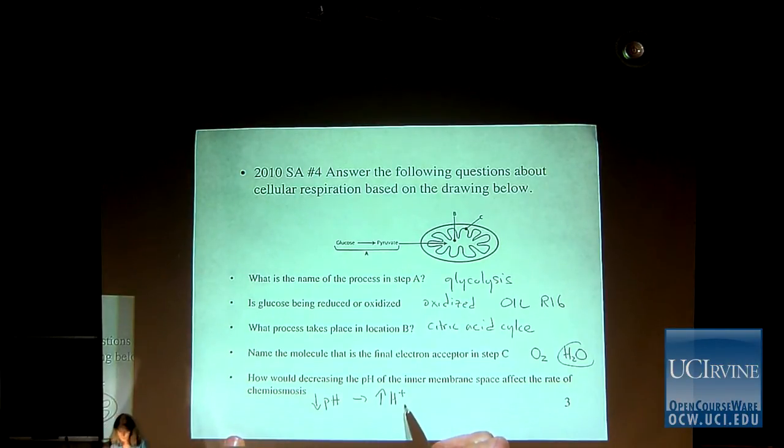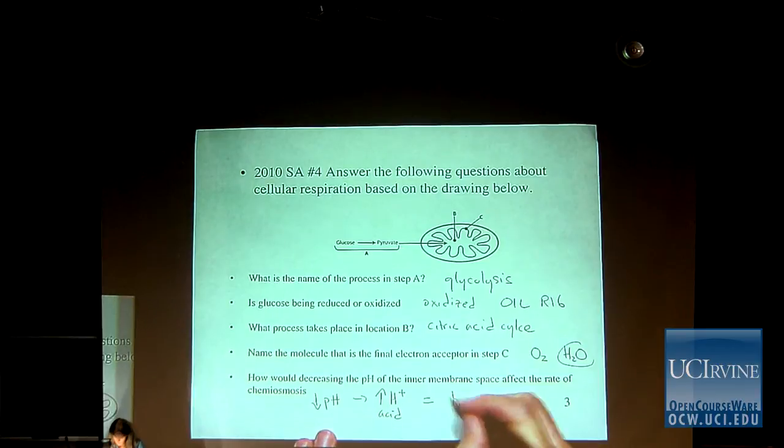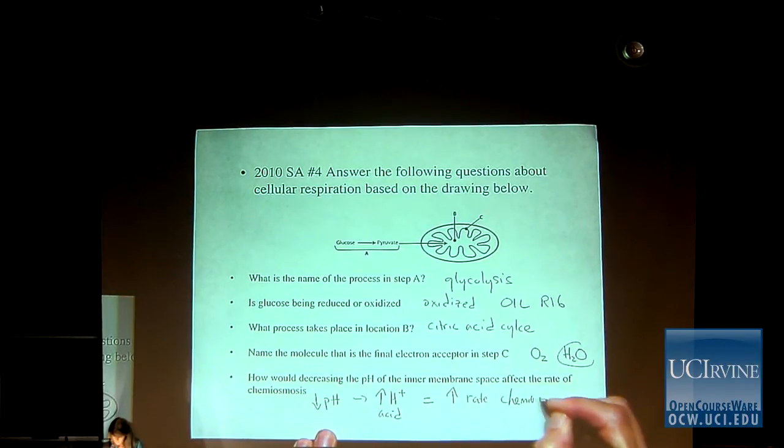So when we have high levels of free hydrogen ions, this is acidic. Now, how is this going to affect the rate of chemiosmosis? Remember, these are the hydrogen ions that are in the intermembrane space. Is it going to increase the rate of chemiosmosis? Raise your hands. Decrease. Okay, more saying increase than decrease, which is correct. It will increase the rate of chemiosmosis.